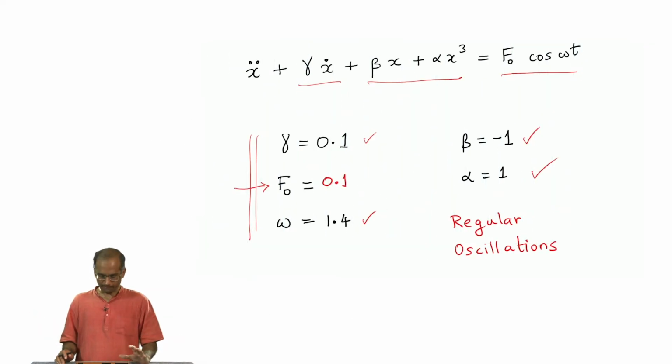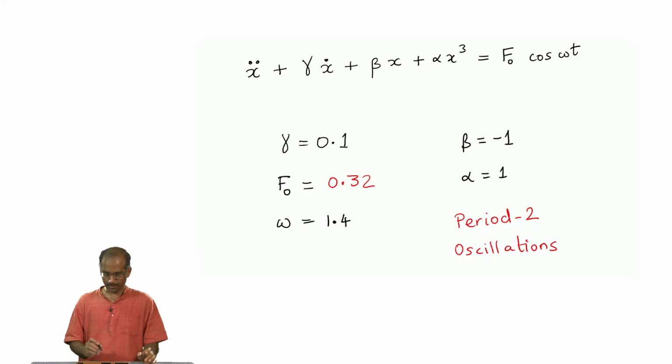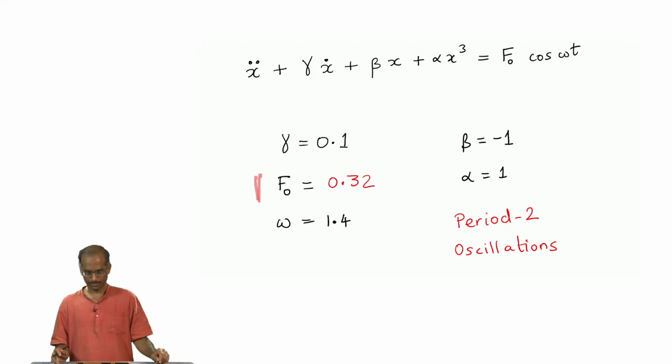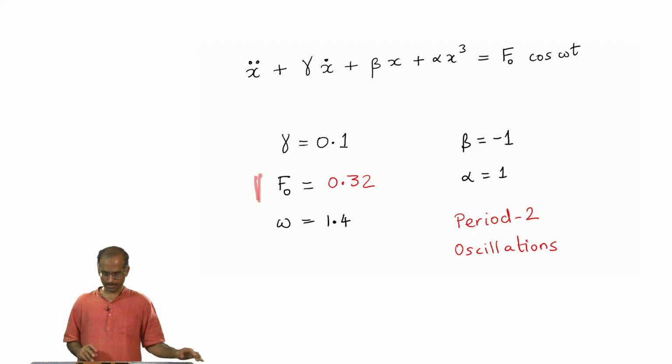Now, from F being 0.1, I am going to put the value of F to be 0.32. Let us see what happens in this case when F0 is 0.32, all other constants being the same.